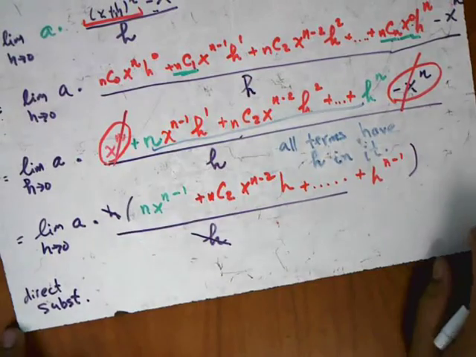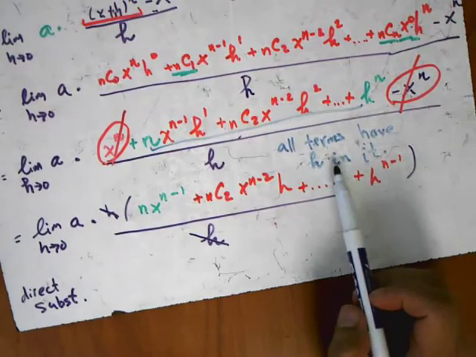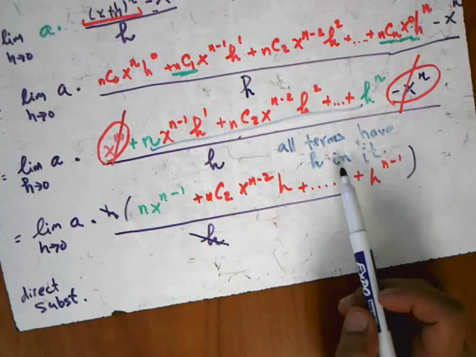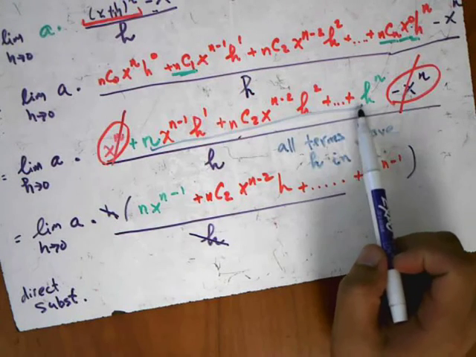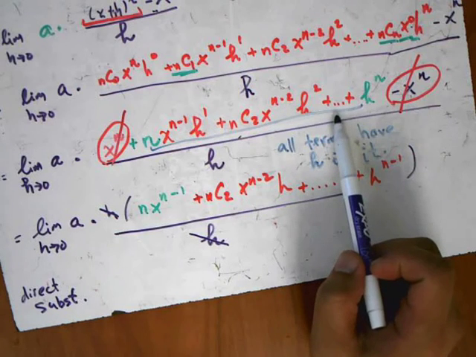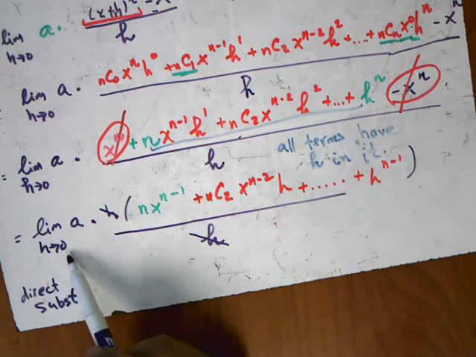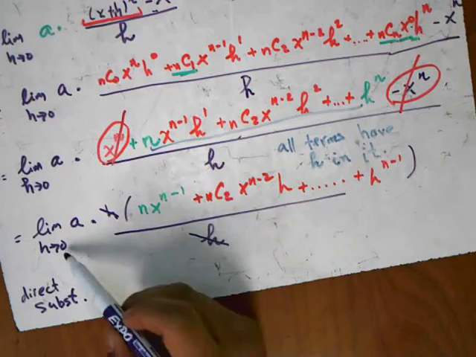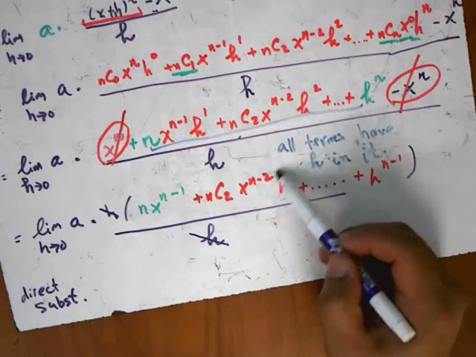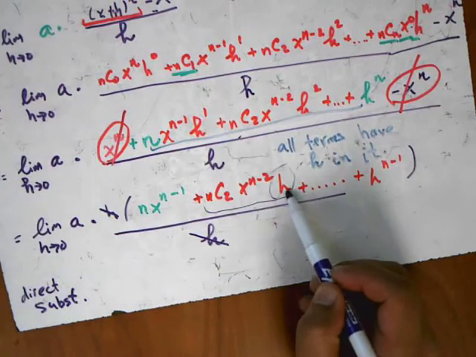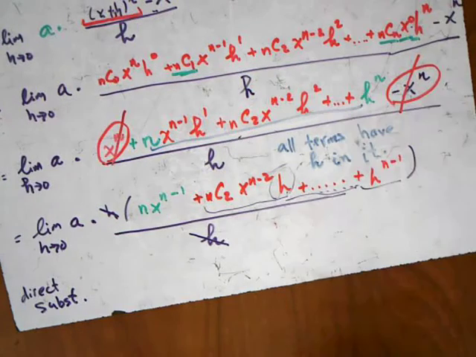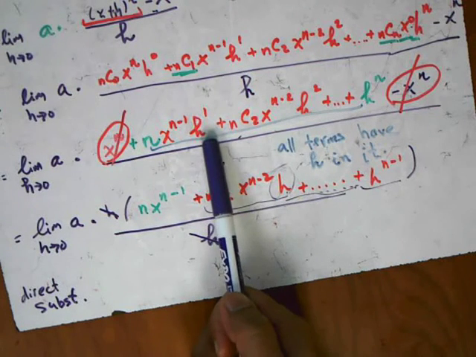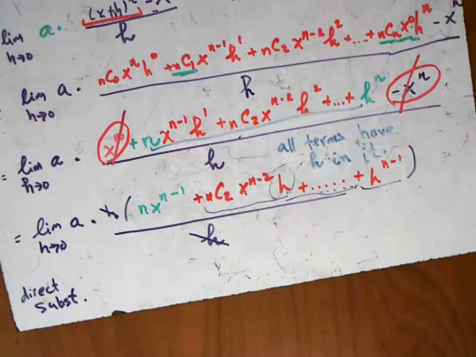And here's the beauty of this comment. It's more than just a comment, it's a fact. Every single one of these terms has an h in it. So when I take 0 and plug it in here, this entire term becomes 0. Every single one of these terms in here becomes 0, and this term becomes 0. The only term that's non-zero is the first one, because that only had one h in it, and I already factored it out.